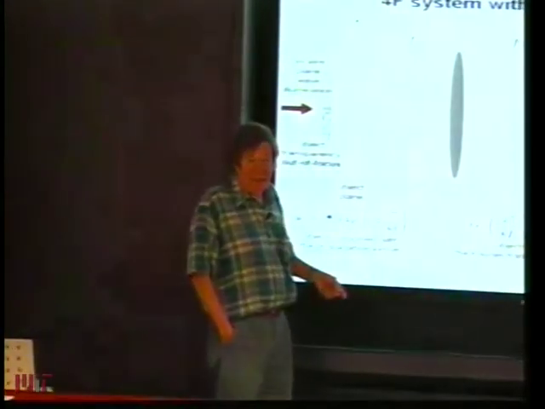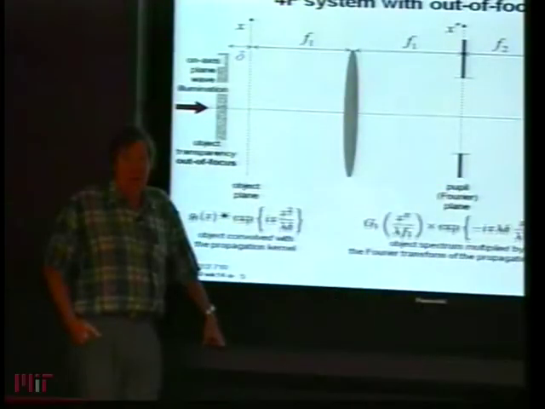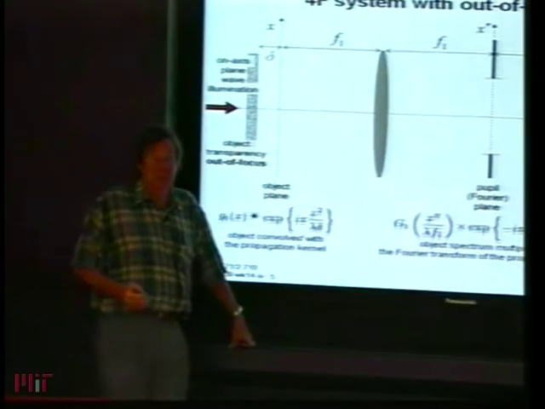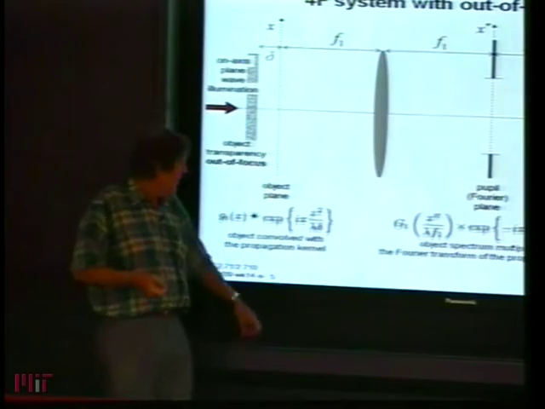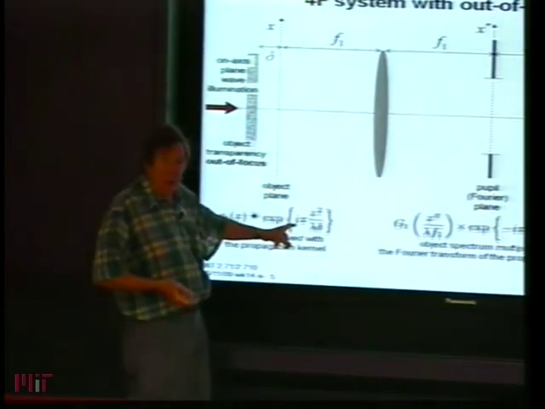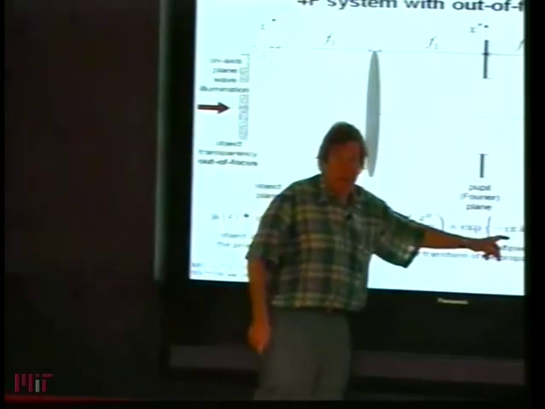Is e to the imaginary x squared a Gaussian, or only e to the real x squared? The real Gaussian is e to the minus x squared, isn't it? This is what you might call an imaginary Gaussian, but it all comes out in the wash. Just as the Fourier transform of the normal Gaussian is another Gaussian, the Fourier transform of this imaginary Gaussian is another imaginary Gaussian.